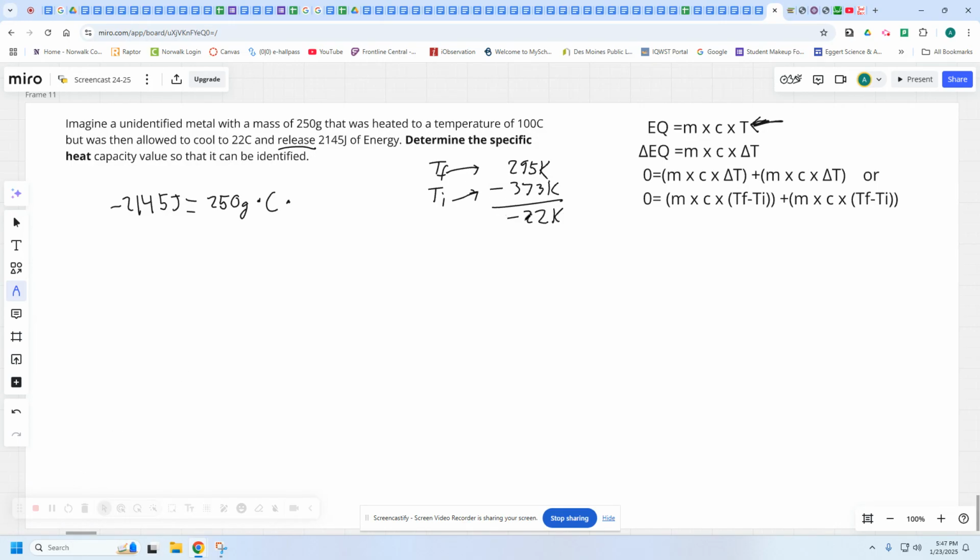Actually, that's wrong. It's not negative 22. It's going to be negative 78 Kelvin change, or negative 78 Celsius change. So for the change in temp in the mathematical relationship we're going to use right here, I'm going to plug in the negative 78 K.